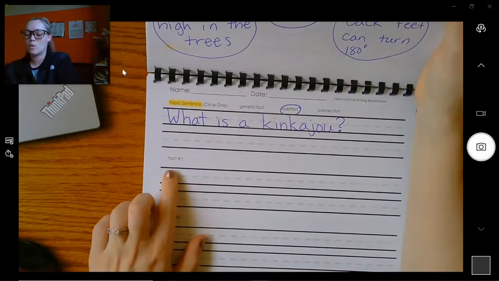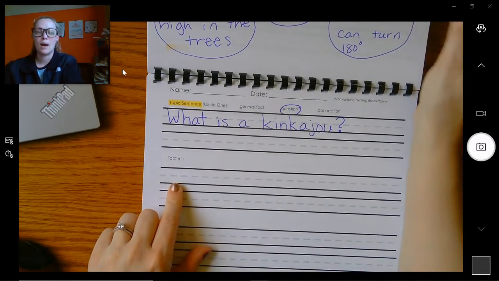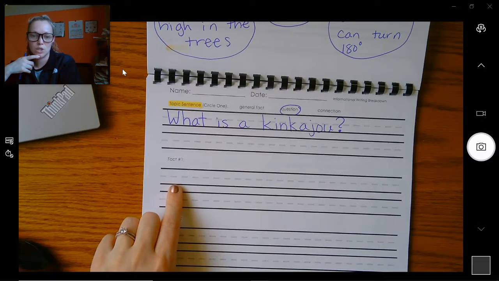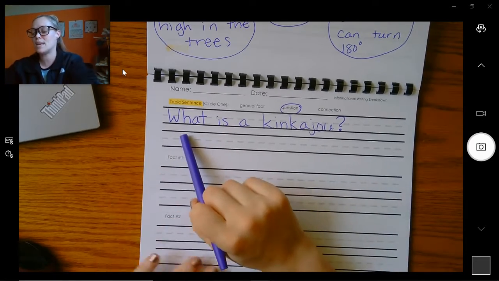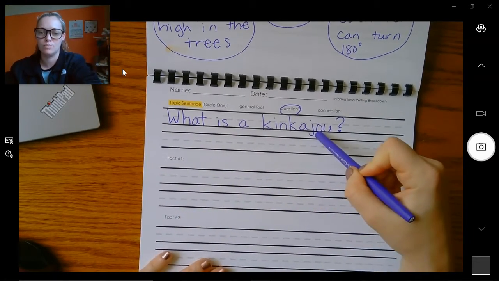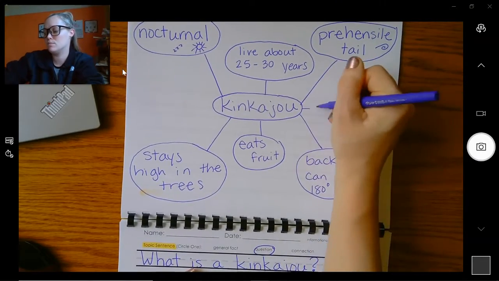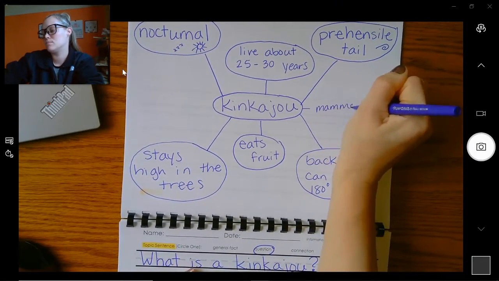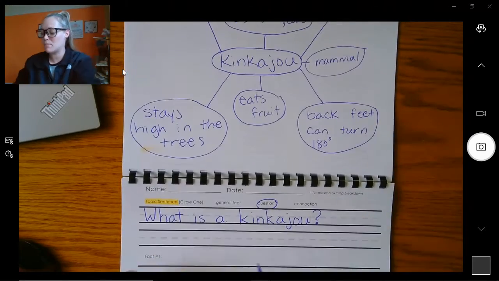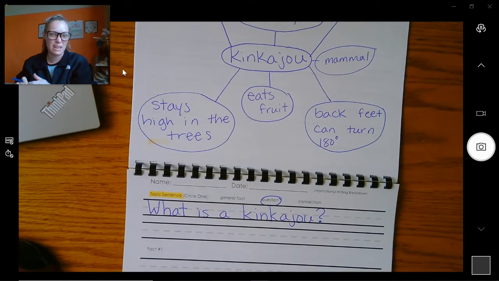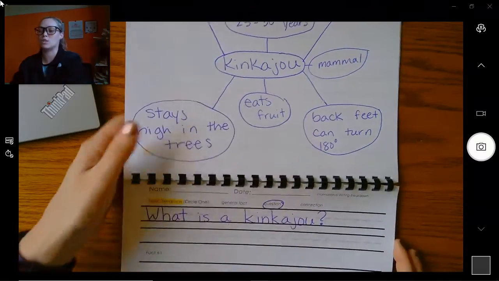So when I go on to fact number 1, I'm going to give you a couple different ways to start your sentences. So if I say, what is a kinkajou? I didn't write up here that it's a mammal, but I probably want to say that if I ask what is a kinkajou, right? I want to answer the question.